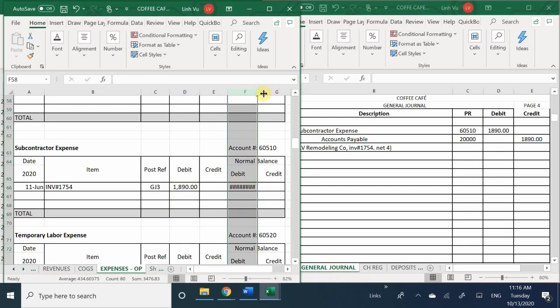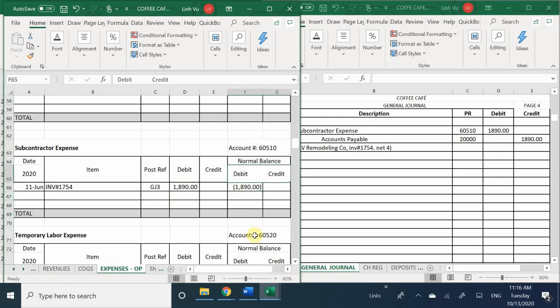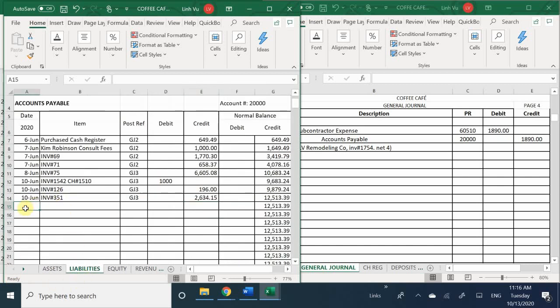All right. And because we placed this on accounts payable, therefore it's a liability, so we're going to increase it. Invoice 1754.